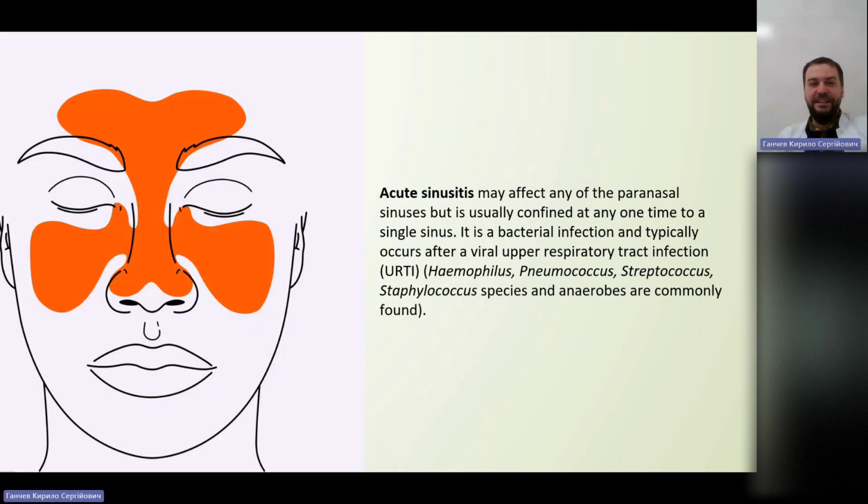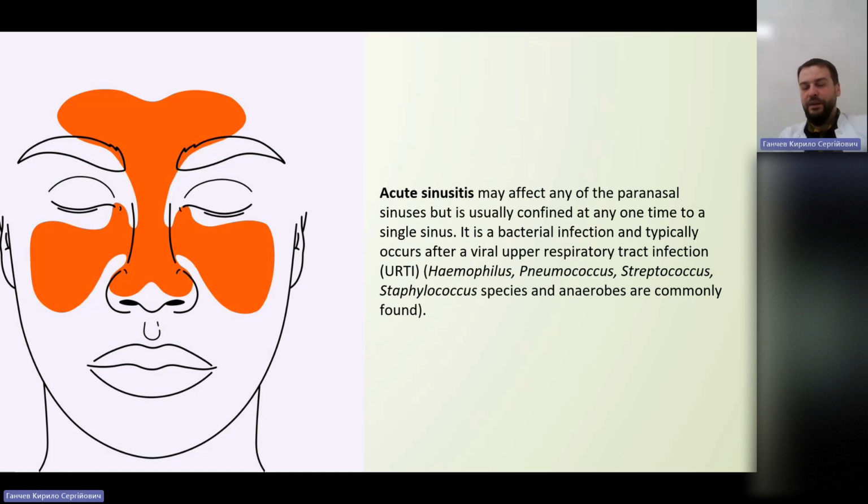Okay, thanks. So, the diagnosis that we have is called acute sinusitis. Of course, there is a chronic sinusitis too, but we start from acute sinusitis. This sinusitis may affect any of the paranasal sinuses, but is usually confined at any one time to a single sinus.